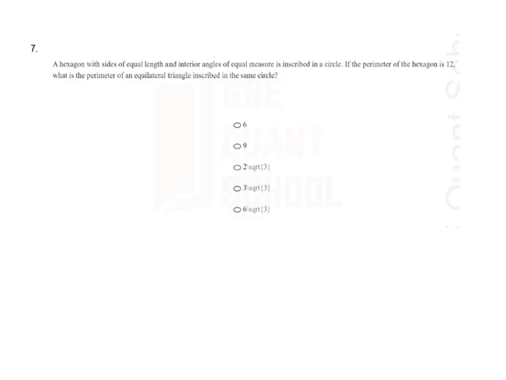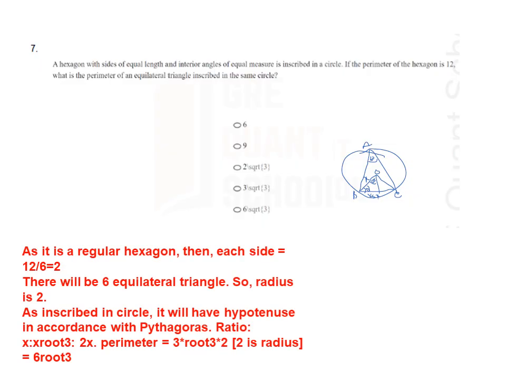So what is the measure of each side of that hexagon? Hexagon has 6 sides, so 12 divided by 6 equals 2, right? You can use this graph I have drawn here, or you can ignore it. So each side of the hexagon is 12 divided by 6 equals 2.